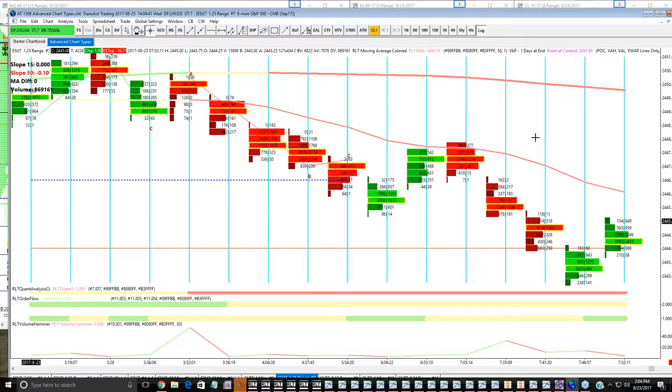And the VWAP is very important for you to know, and we're going to get that configured, if possible, on Ninja soon.